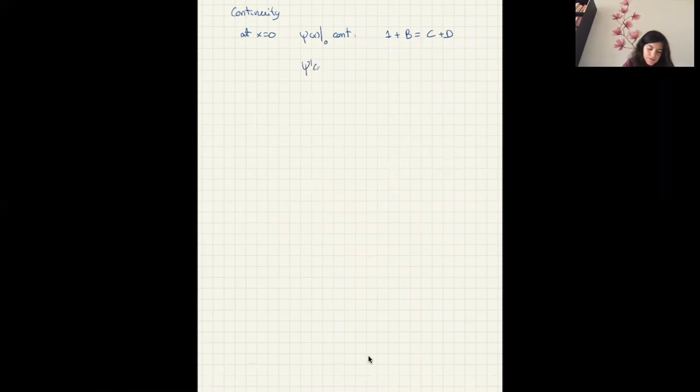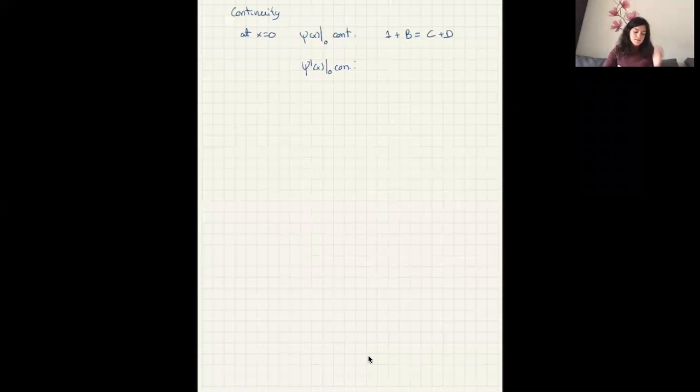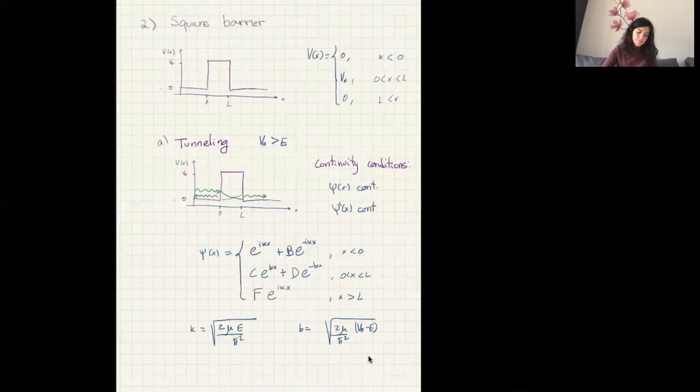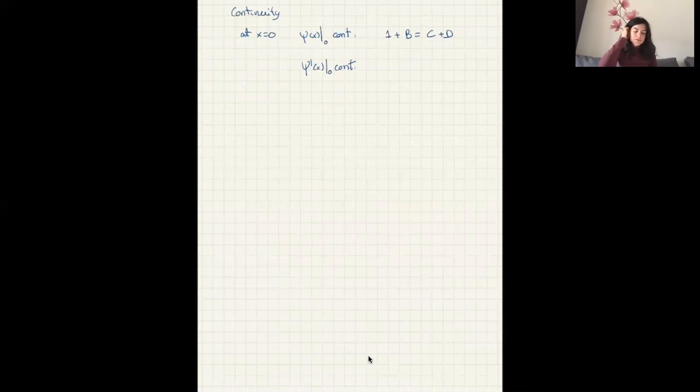And the fact that the first derivative is continuous. Well, we go back. The derivative of this is just putting the ik there and the same there, minus ik, and here put b there and minus b. Okay. And then we replace again the x with 0 in the exponents.